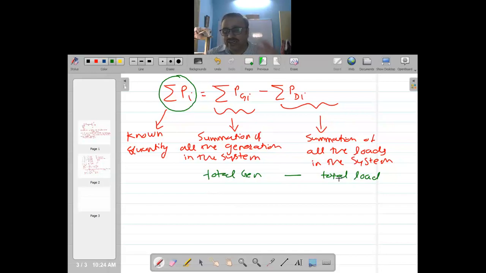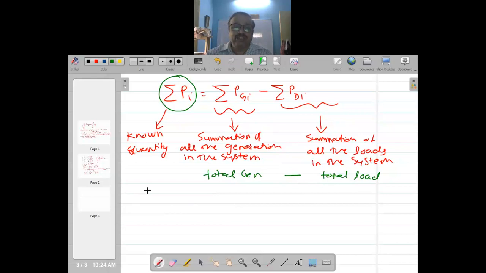So let us say 100 megawatt, there are two generators. There is a total load of, on one it is 50 megawatt and another is 30 megawatt. So 100 megawatt is the total generation and 80 megawatt is the total load. So what is that 20 megawatt? 20 megawatt is nothing but the losses in the system.